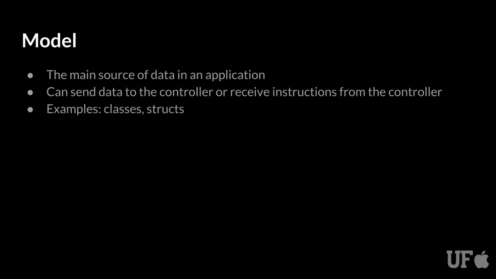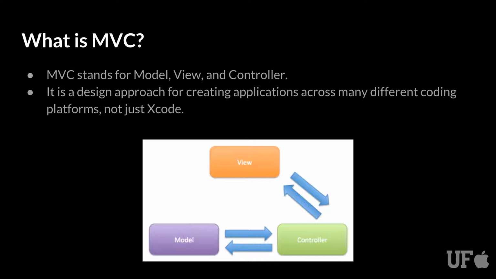So actually I should go back. We'll talk about this chart right here. The controller is going to handle the majority of the communication in your app. For example, let's say we want to display a set of numbers. The controller might retrieve a set of numbers from the model and then send that set of numbers to the view.